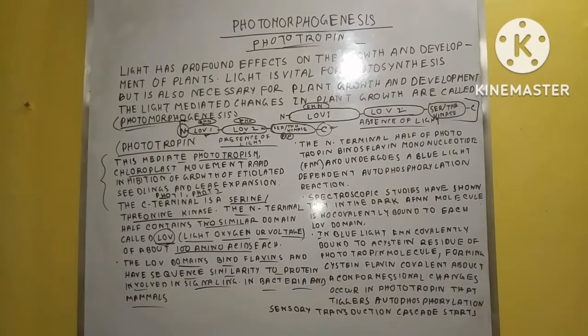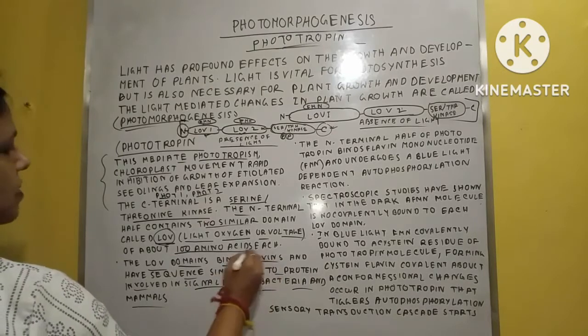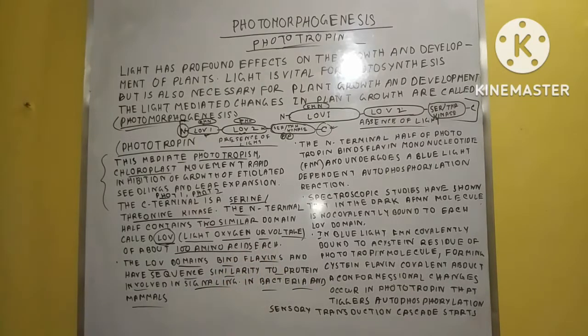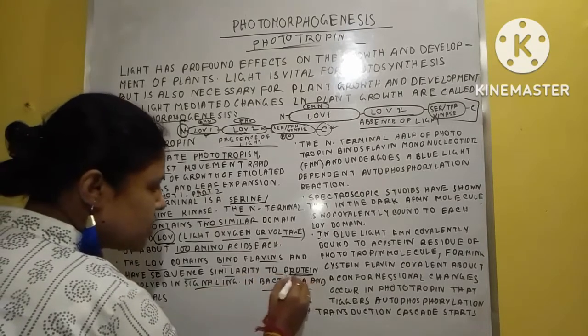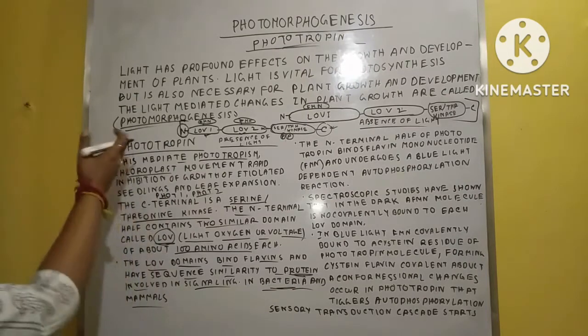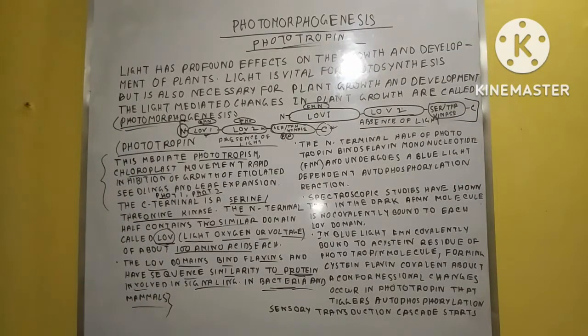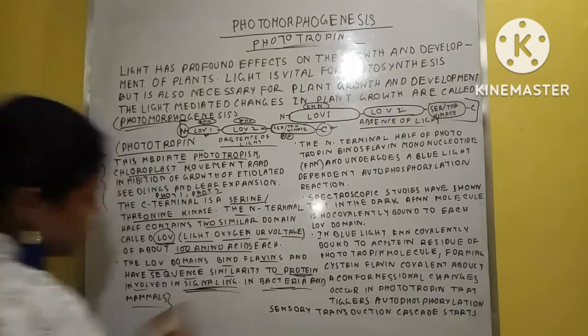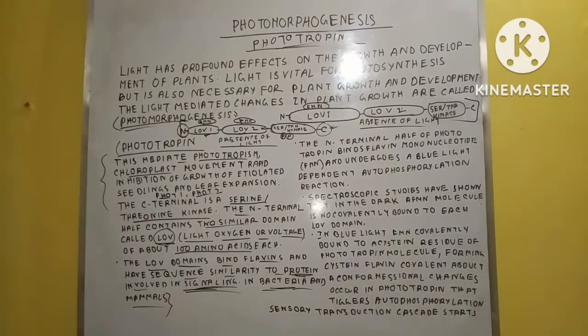These LOV domains bind to the flavins, and the sequence remains similar. This protein, present in bacteria or mammals where phototropin is present, helps in the transfer of signaling, or you can say it helps in signaling.